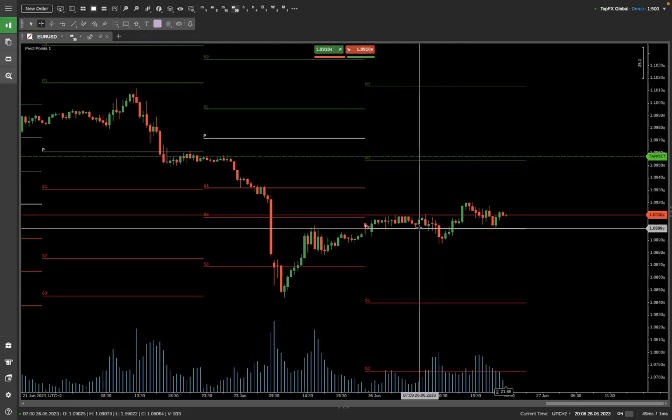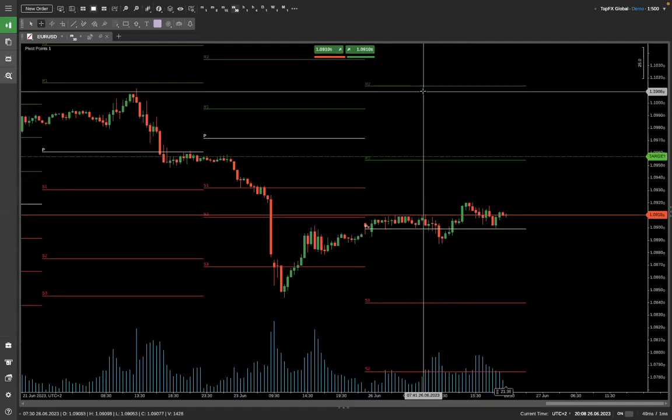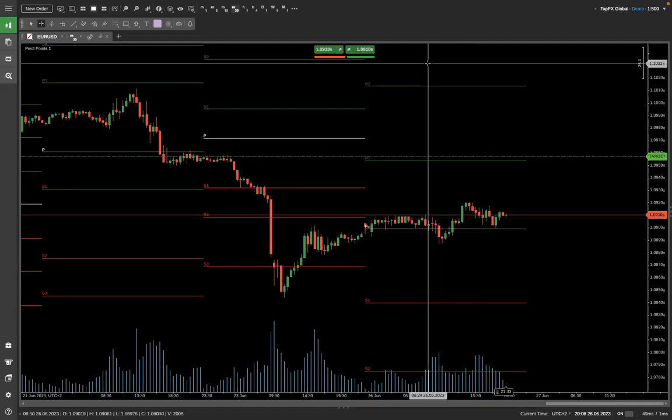So this is actually nothing but mathematics, okay? And this is how the pivot is calculated. Resistance level 1, resistance level 2, resistance level 3 are calculated exactly the same. Only the numbers matter. You can find it on the internet.